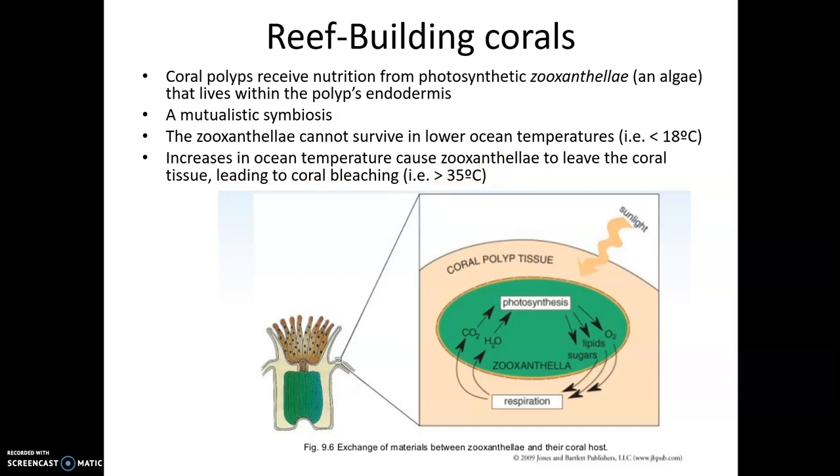And this is actually what is referred to as coral bleaching, because if the algae leaves the coral, then it will no longer have the bright colors that it had because the algae was inside it. So it will look bleached. And this will of course be unhealthy for the coral. It can actually not survive without its algae. So the coral will then die if the algae leaves the coral. So temperature is limiting the distribution of the reef building corals.